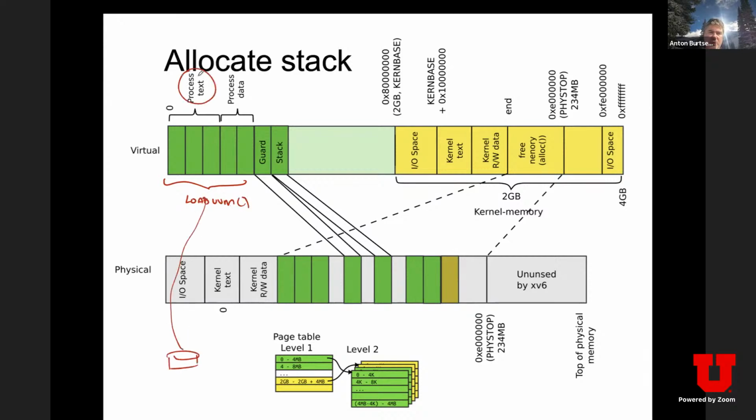So we loaded this from disk, right? So this is the process text, process data, and this is exactly how it looks in x86. What we're going to do is allocate 2 pages. One page for the stack itself, so the ESP will be pointing here. And in order to prevent the case where you run out of stack memory, because one page is only 4096 bytes, so that's the size of your stack, right?